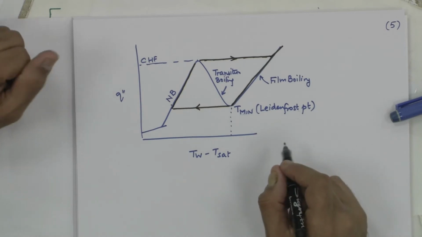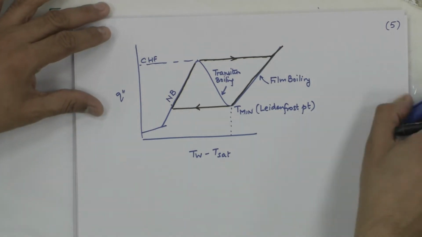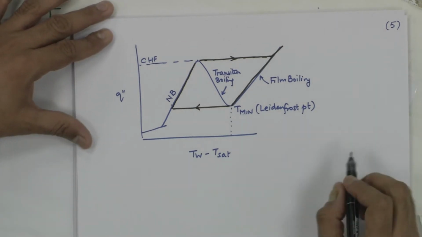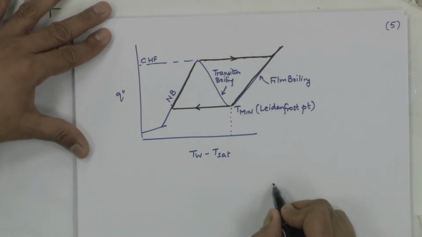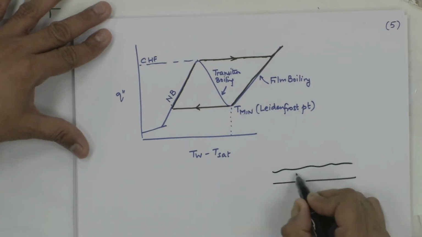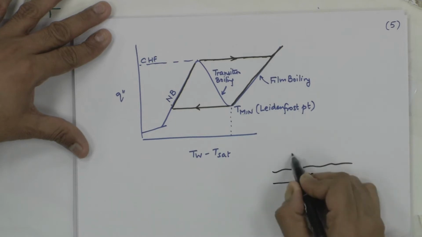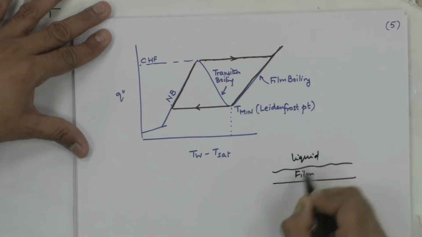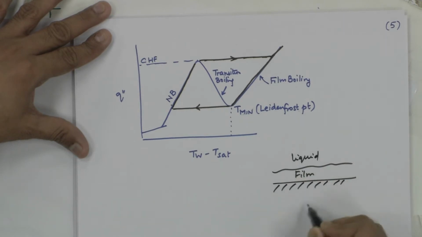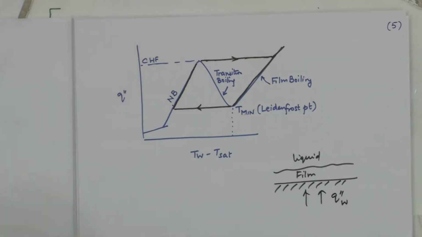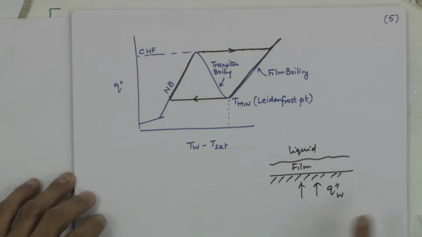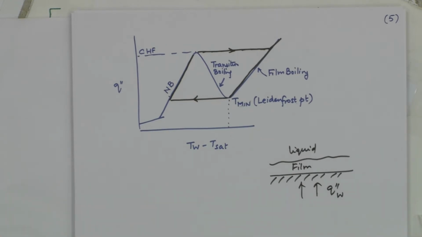What is film boiling? Film boiling is a broad term where you are talking about a case where a film of vapor is surrounding the heated surface. So, this is the heated surface, this could be a wire or a plate or a pan, whatever it may be. You have a heated surface which is completely enveloped by a film.